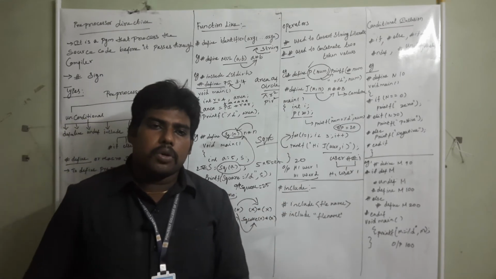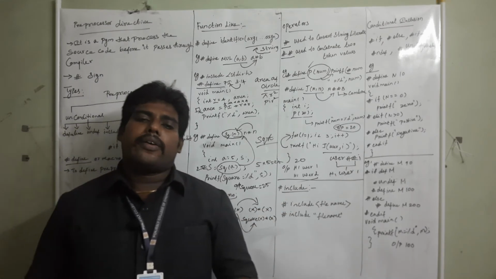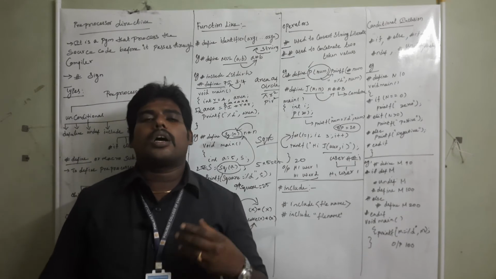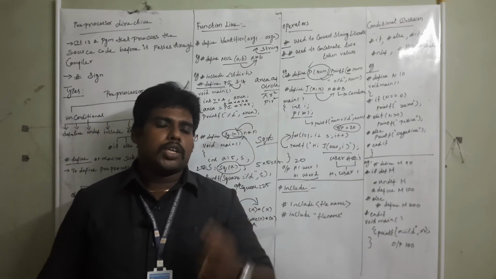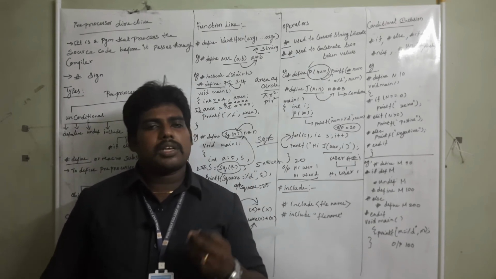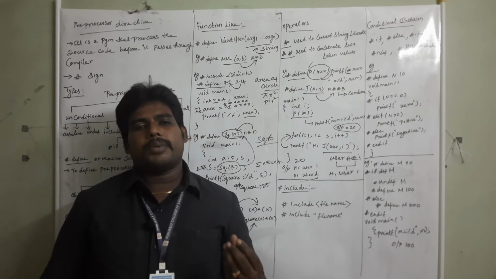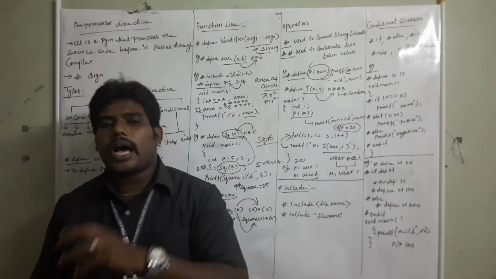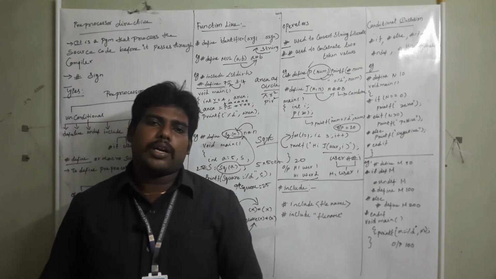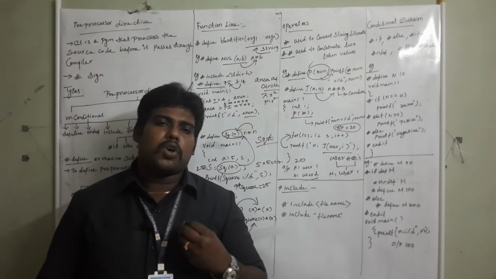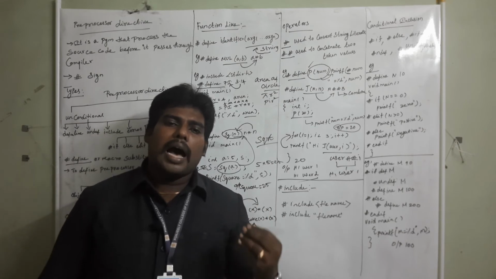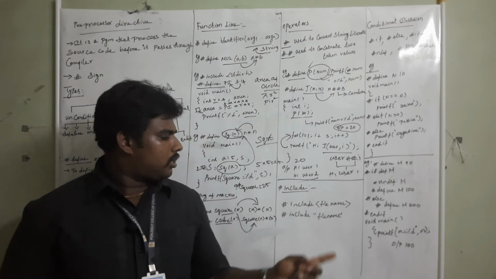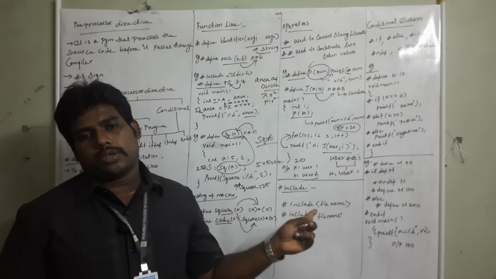What's the use of include? If you are writing many programs, and in your programs, some variables, some functions you are using, specifically if you want to include this program into another program, all of you got it? One of my programs I want to add into another program, at that time I can use include.